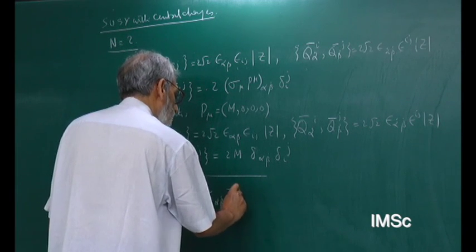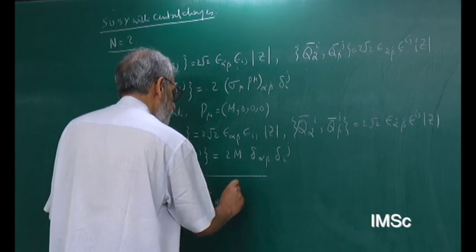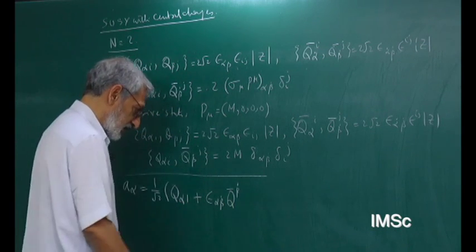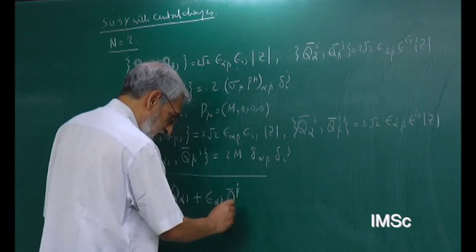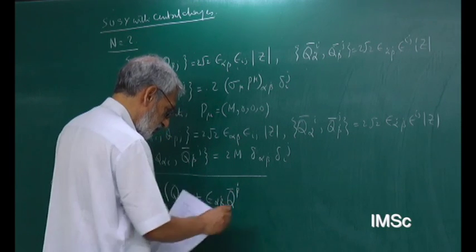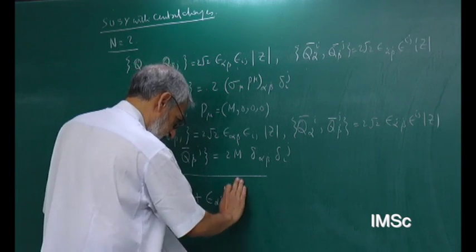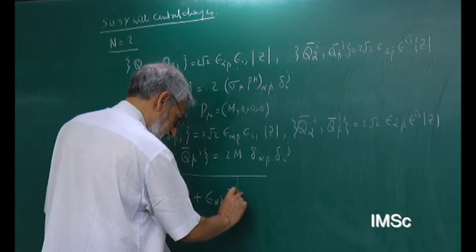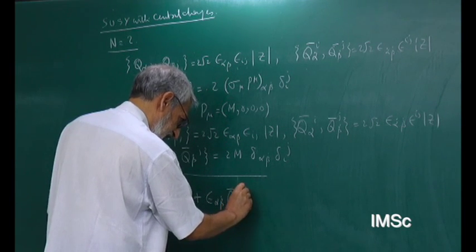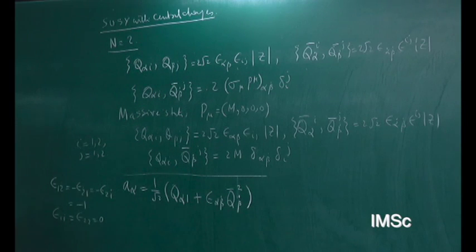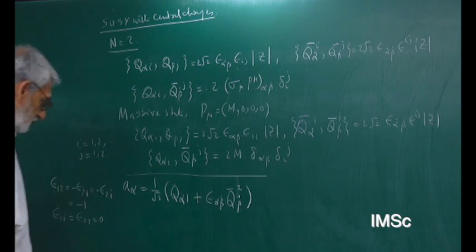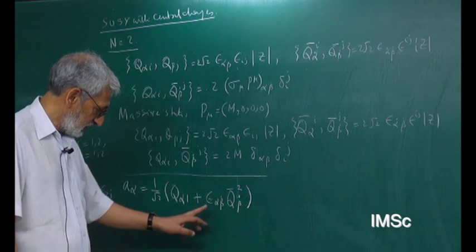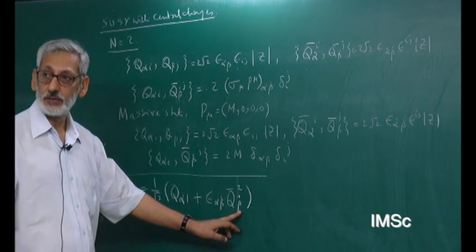So Q bar beta dot, and this was 1 here, the I equal to 1, so let me put I equal to 2 here. So for alpha equal to 1, this is 1 minus 2 dot.